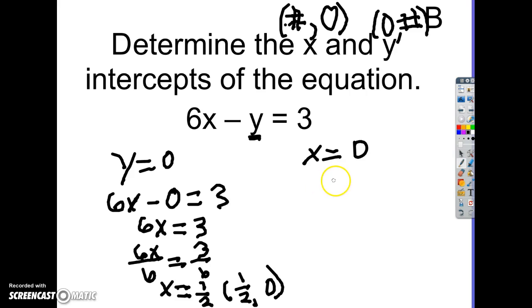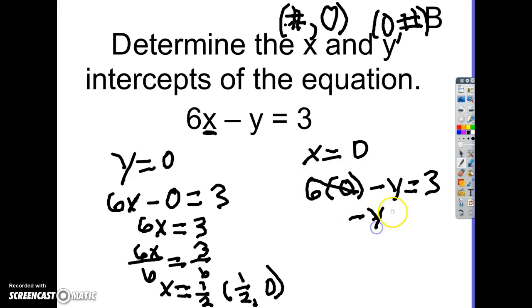And then we are going to replace the x in our equation with a 0. So I'll erase y, and this time I'm replacing the x. So I have 6 times 0, where my x was, minus y equals 3. 6 times 0 is just 0, so that goes away, and we have negative y equals 3.